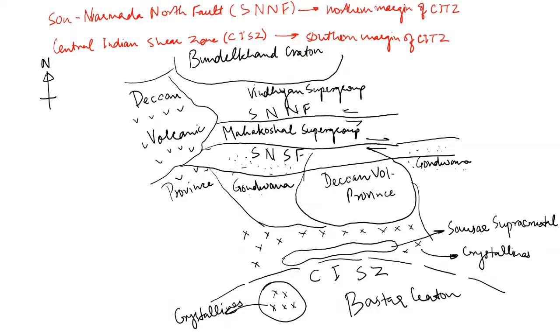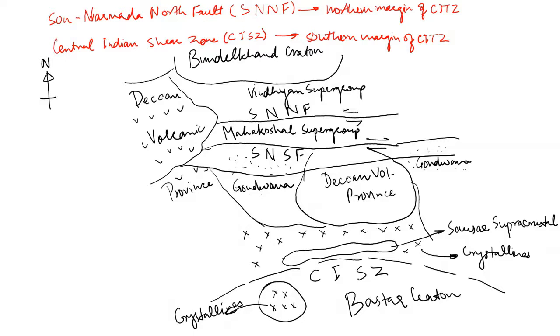The Central Indian Tectonic Zone starts with the Son Narmada North Fault and it ends with the Central Indian Shear Zone. And in between these two lineaments, or these two fault planes, we have the Mahakoshal Supergroup, the Gondwana sediments, the Deccan Volcanic Province, saucer supracrustal deposits, and several crystalline rocks.